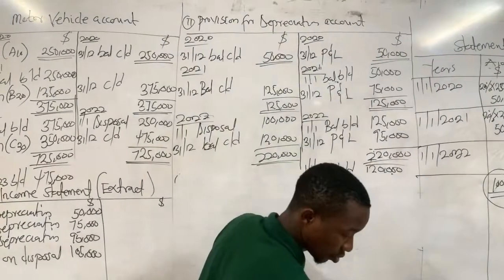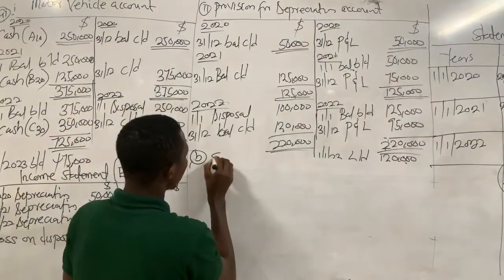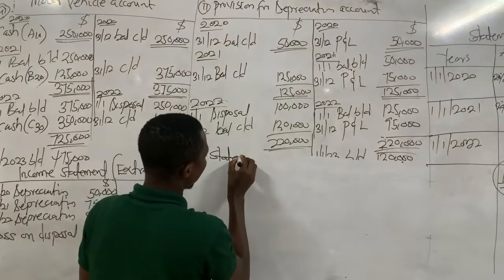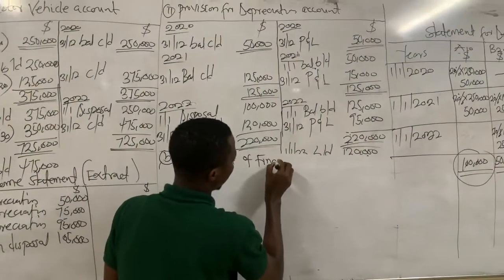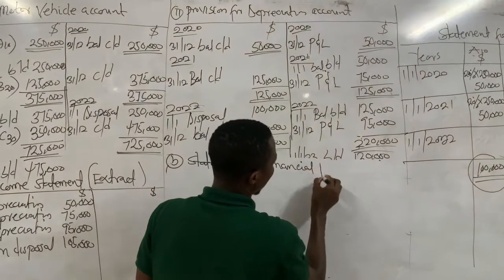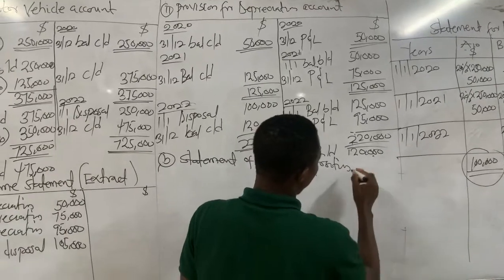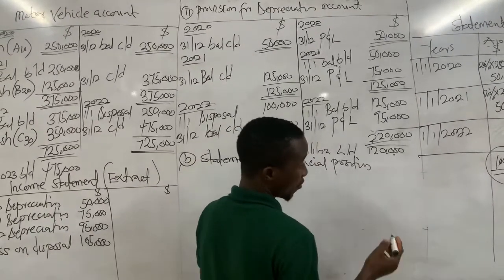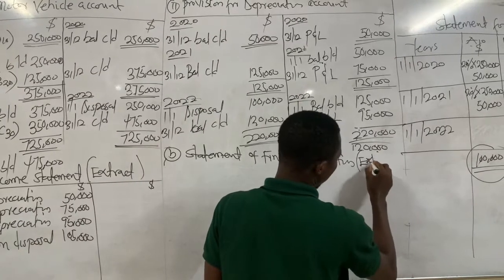So that is still the B part. That is statement of financial position. That is for the 3 good years, but this time extract.